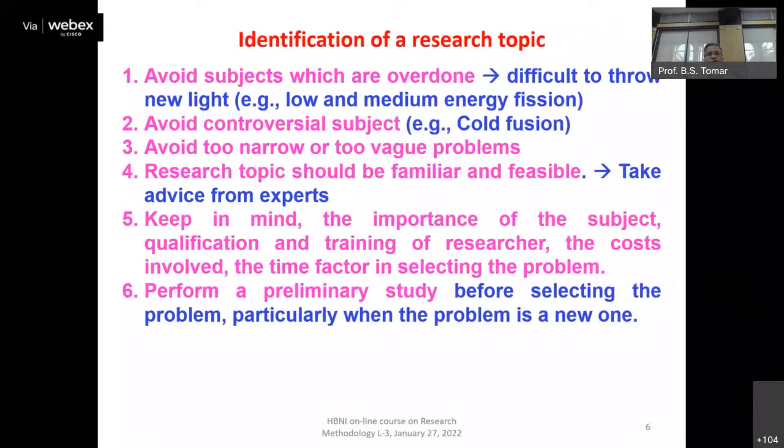So avoid subjects which are overdone. There have been studies going on for the last 50 years, and you will still find people working on those areas by adding a very small delta knowledge. So an old, overdone area does not throw much light on that subject.